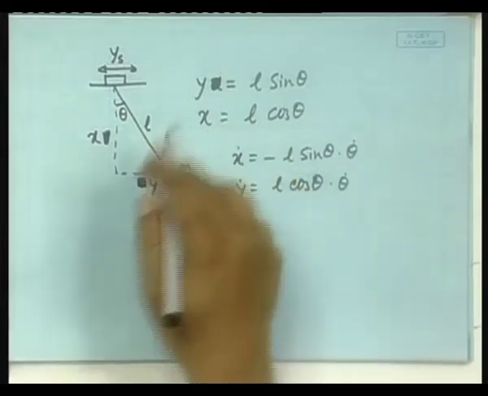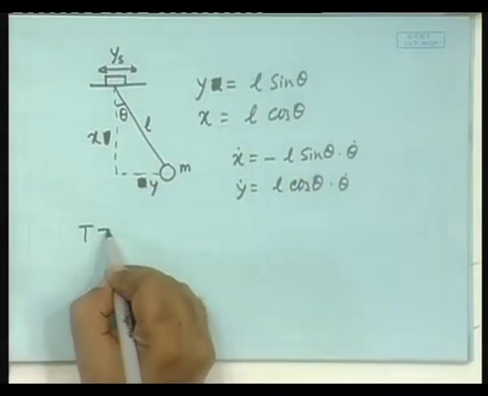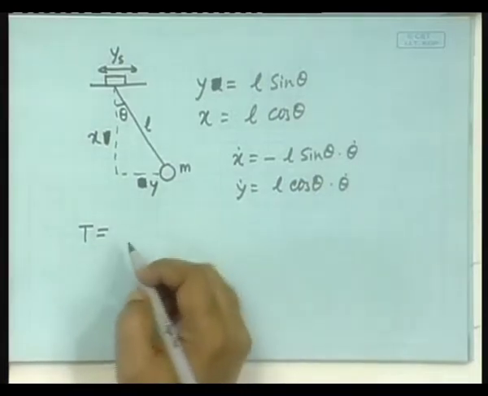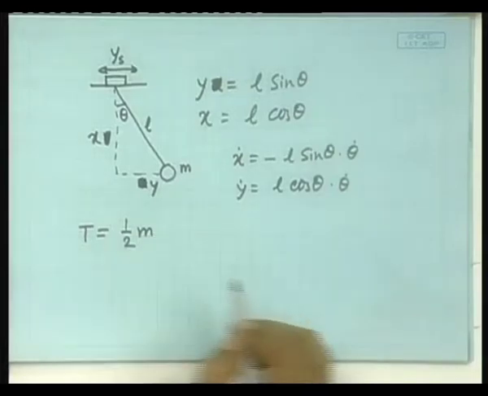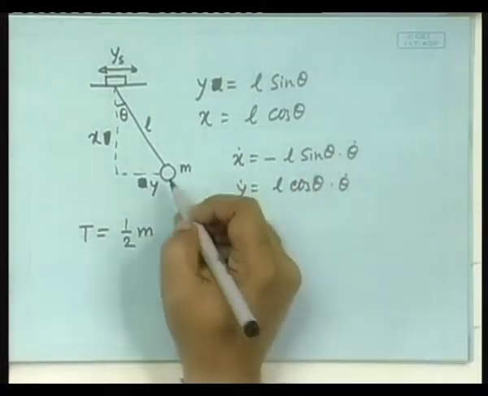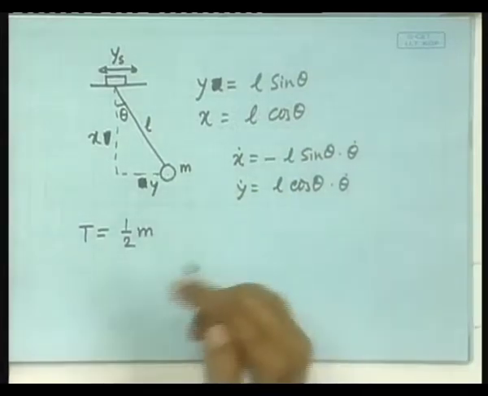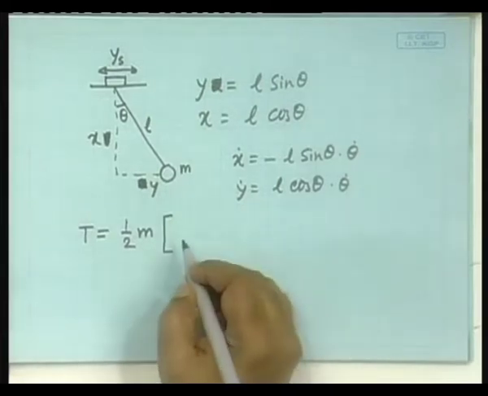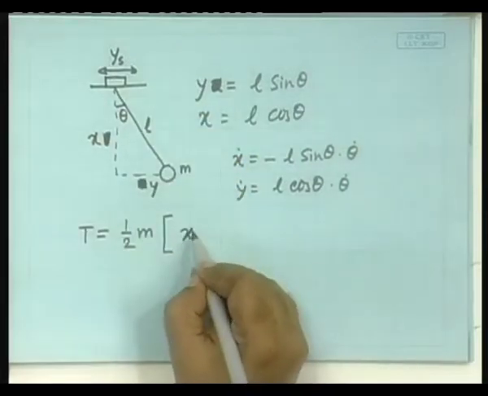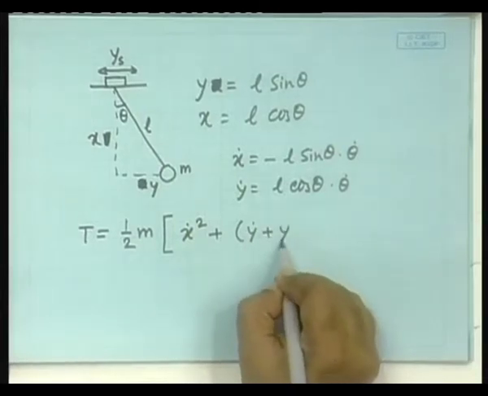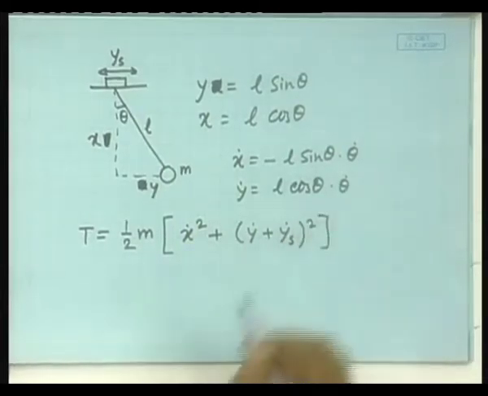So, ultimately when we have obtained this, then the kinetic energy is half m v square. So, we have to say half m, and v square is x dot square plus y dot square. It would be then x dot square, there is nothing happening in the x direction, plus (y dot plus ys dot) square, right.